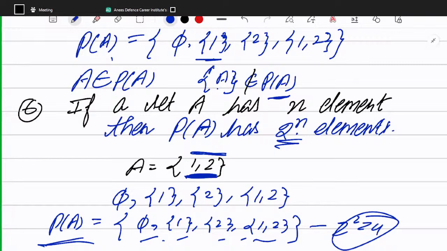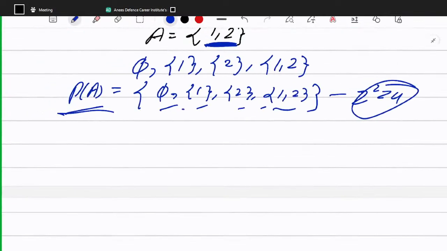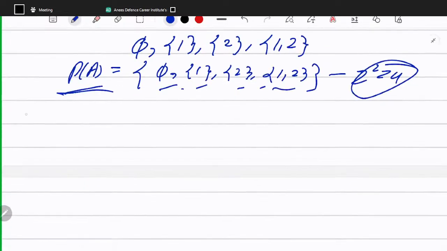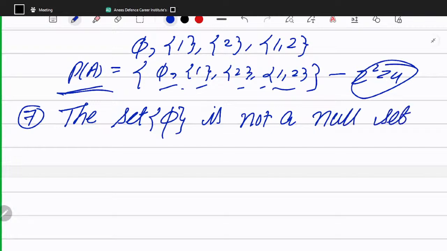Now the next one is, this set is not a null set.